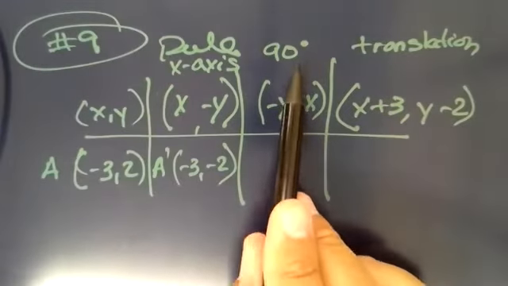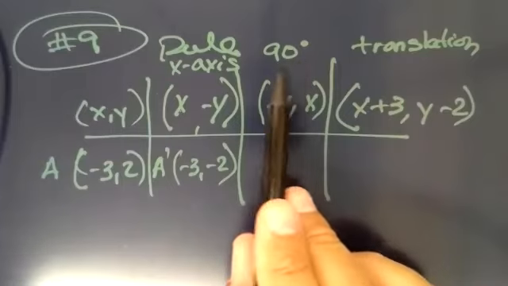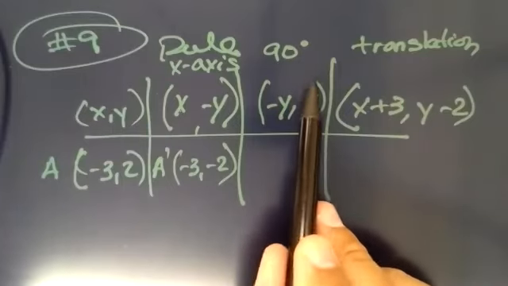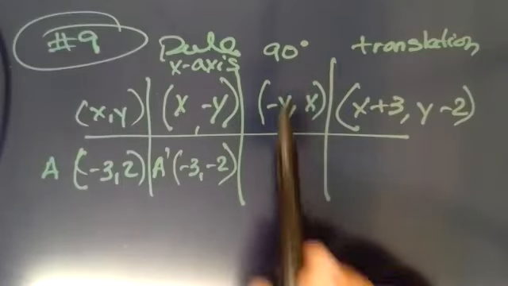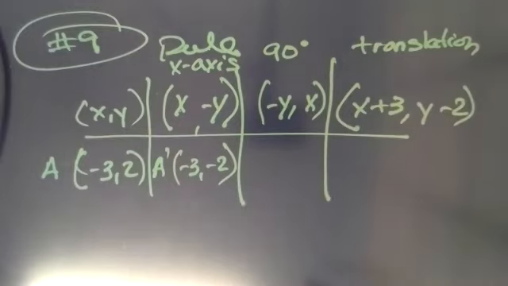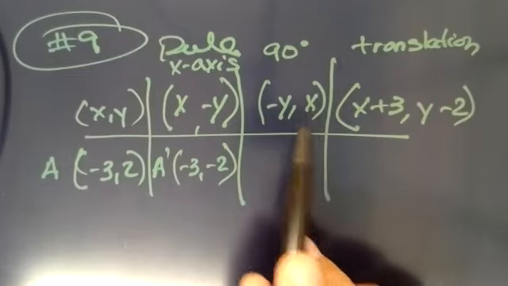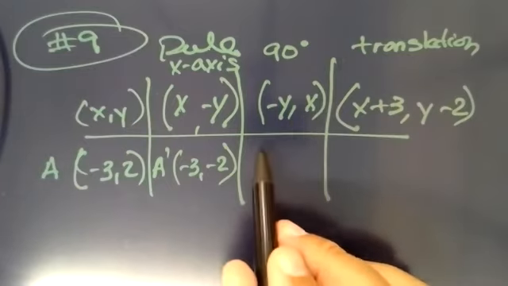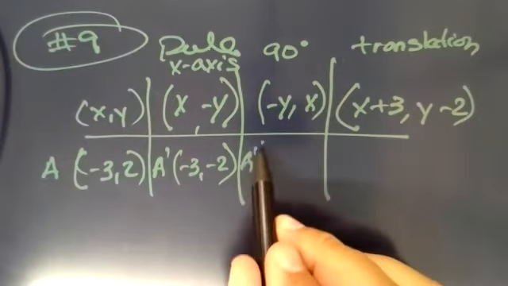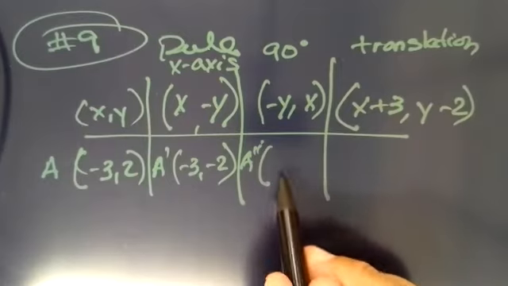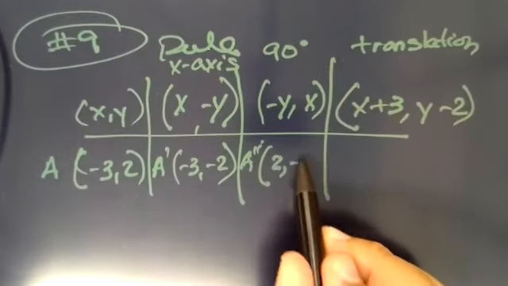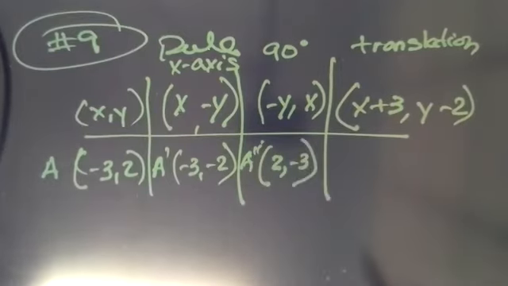followed by a 90-degree rotation. Remember, if it's 90 degrees rotation, would this be clockwise or counterclockwise? Counterclockwise. Always counterclockwise unless it is given. So this will be a double prime, which will be 2 comma -3.